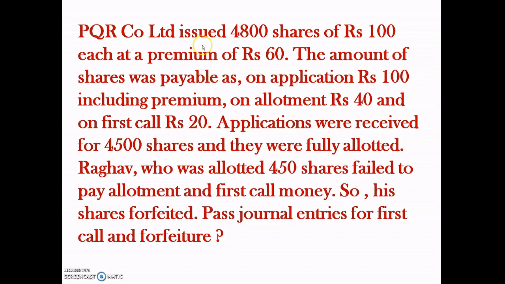Remember here students, the company issued 4800 shares and applications received are 4500. Means this is the case of under subscription, because issued is more than applied, and they were fully allotted. Raghav, who was allotted 450 shares, failed to pay allotment and first call money.